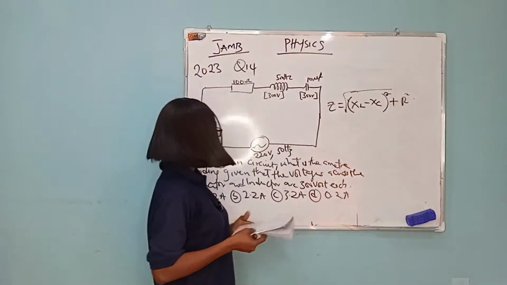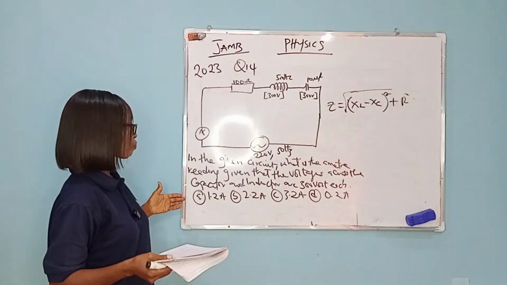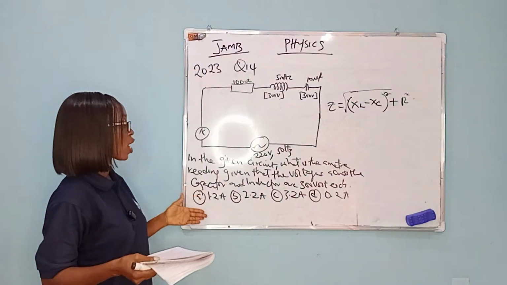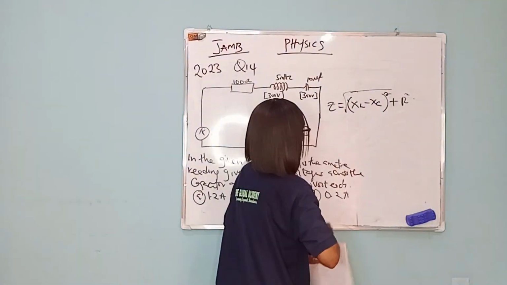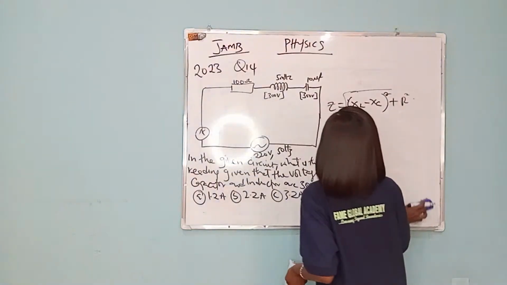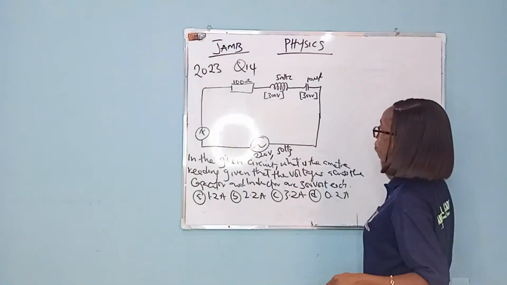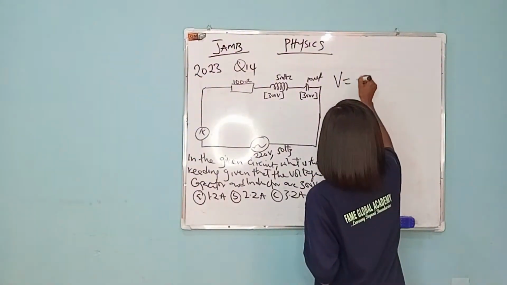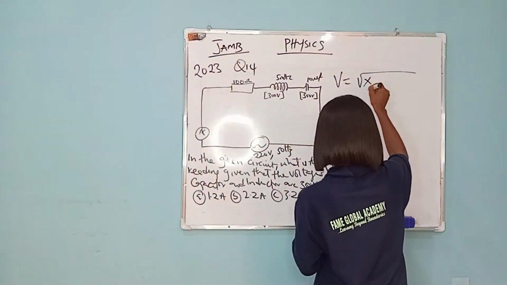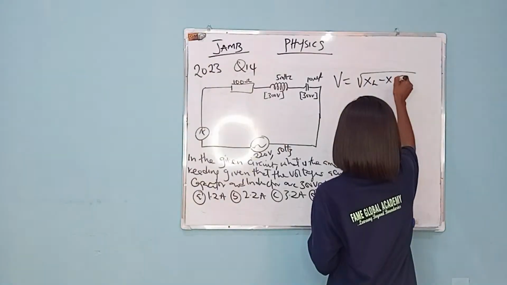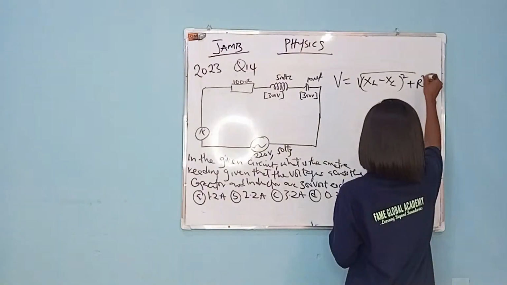But in this case, we are given the voltage across the capacitor and inductor as 300 volts each. So what do I need to do? Calculating first of all the potential difference, we have V is equal to the square root of XL minus XC all squared plus R squared.